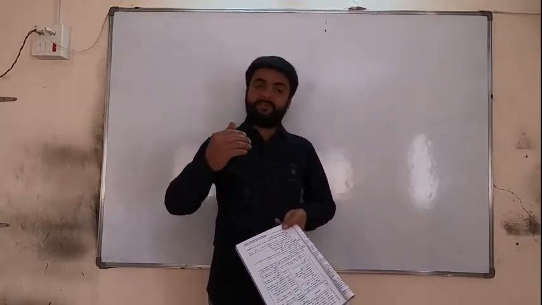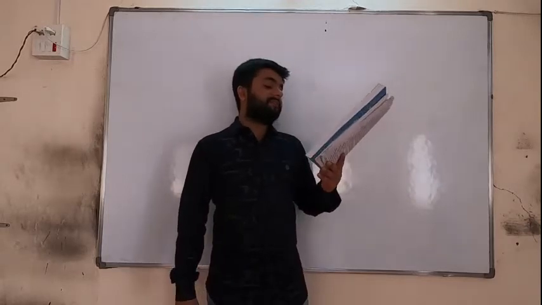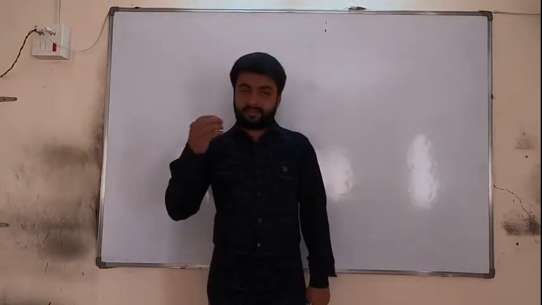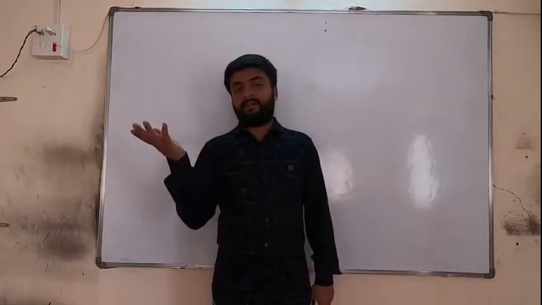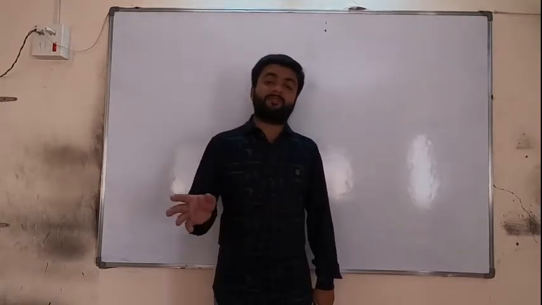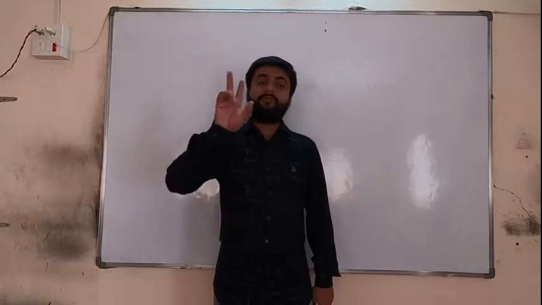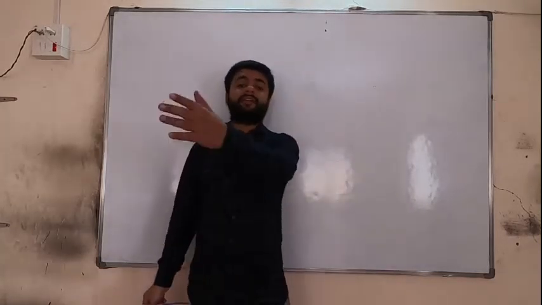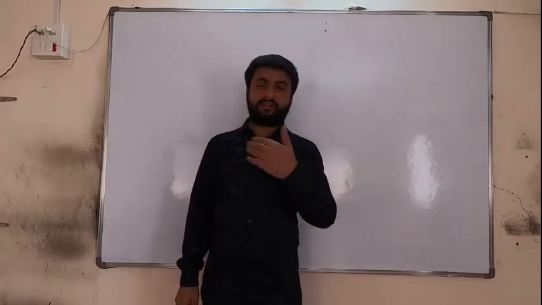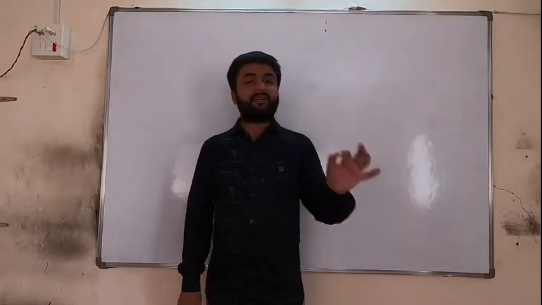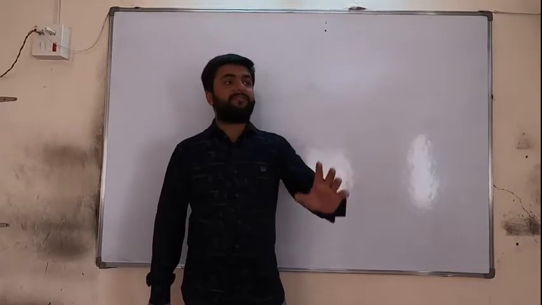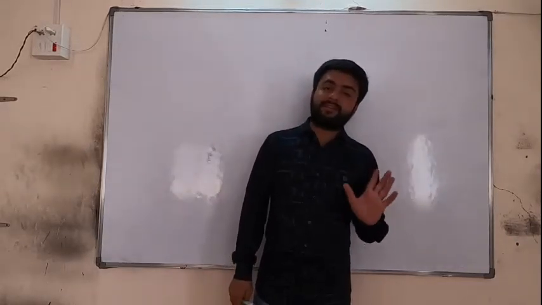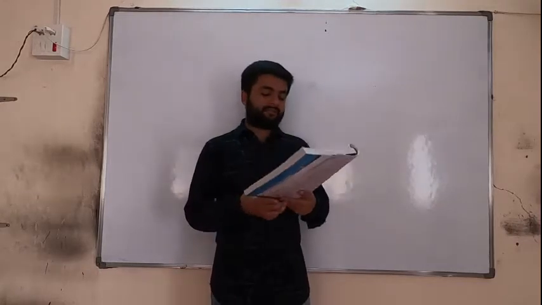If the answer is no, then decide for number 2. Does the relation of debtor and creditor come into existence? If it is yes, then it is an economic transaction. If it is no, then it is non-economic. So you have to think about only two aspects: whether cash is exchanged, whether cash is coming in or going out, and whether a relation of debtor and creditor exists, means whether we are purchasing on credit or not. If one answer is yes, then it will become an economic transaction.